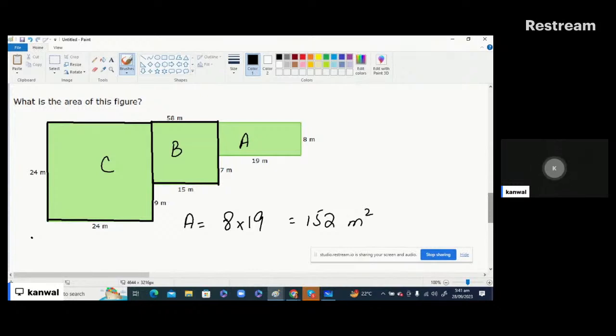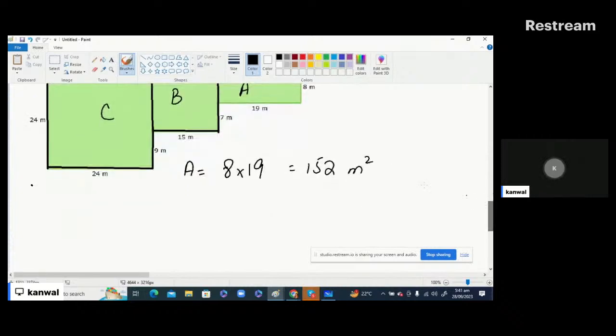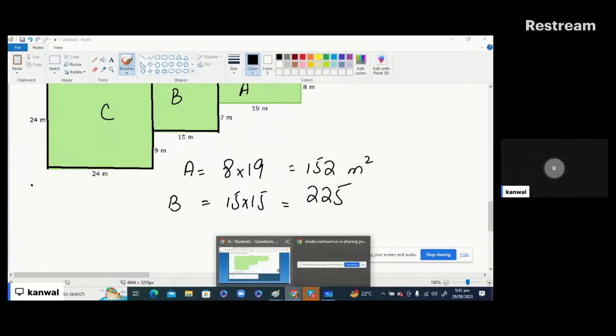So how many sides are there? 15 and 15, okay? So 15 times 15. Part B, what's the answer? When you multiply 15 with 15, that is 225.